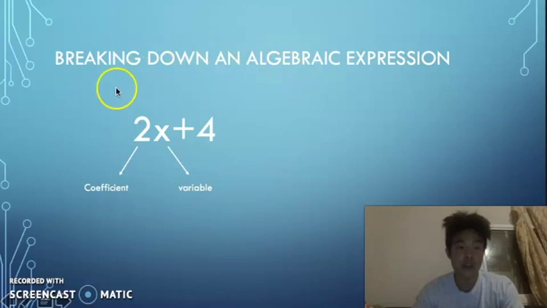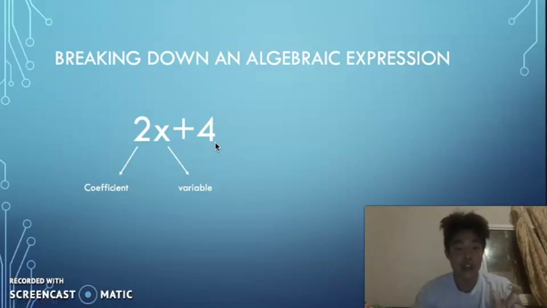Okay, so let's go over this again. We have an algebraic expression 2x plus 4, and in this we have two terms: 2x and 4. These are not like terms because they have a different variable. We have the variable x, while the number 4 doesn't have any variable, so they are two different terms.